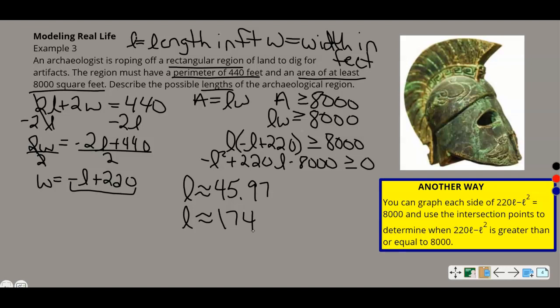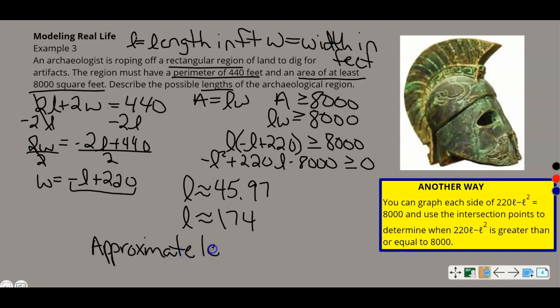So the approximate lengths of the region have to be at least, let's say, 46 feet and at most 174 feet. So that would be an approximate, because we are rounding. Approximate, okay, I think that's spelled correctly.